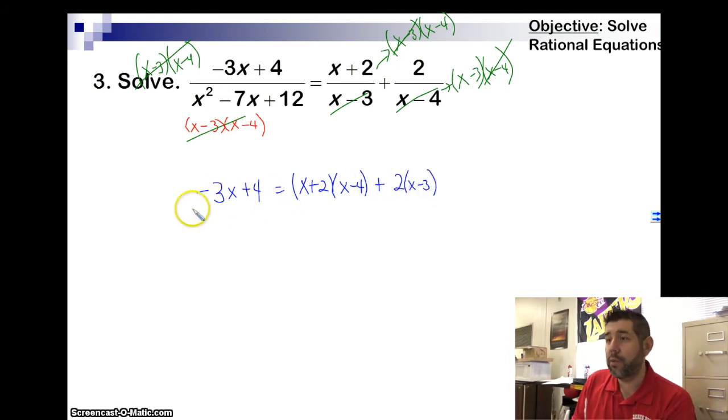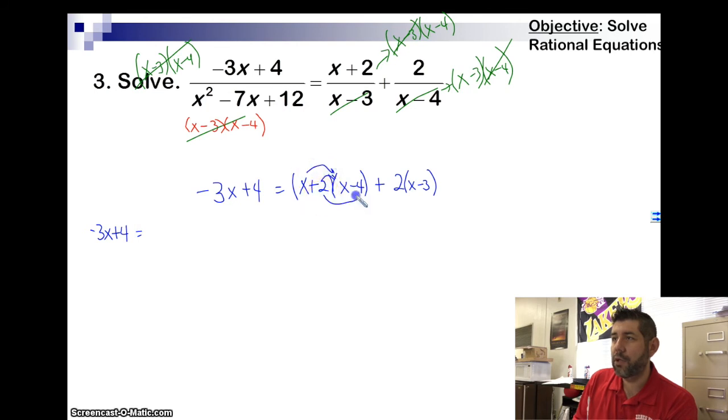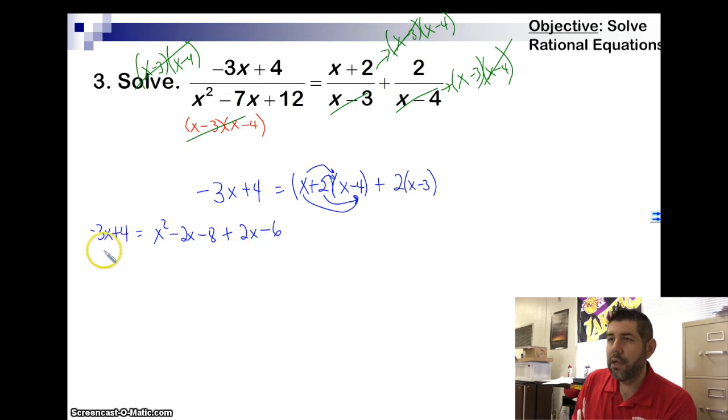Okay, now I'm going to have to do all the multiplication out. So let's multiply all this out. I'm going to multiply this using FOIL. So I'm going to get x squared minus 2x minus 8 when it's all said and done. Combine like terms, guys, right? Now I'm solving a quadratic.